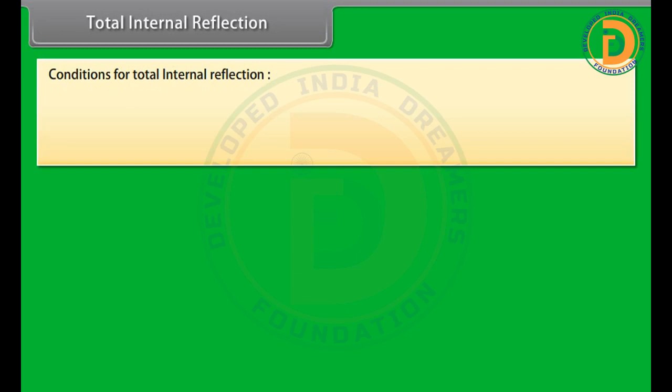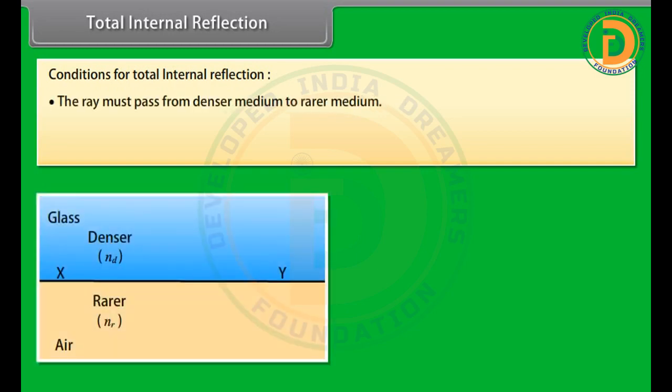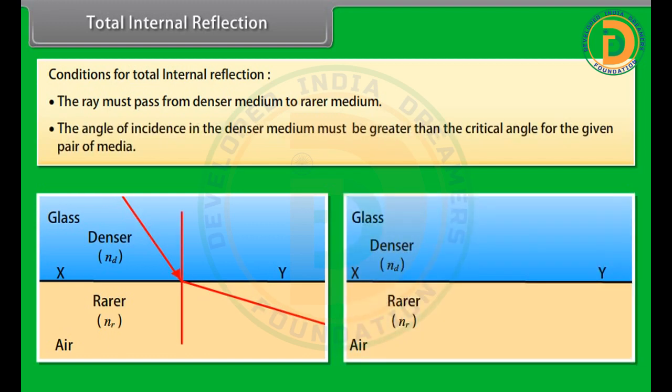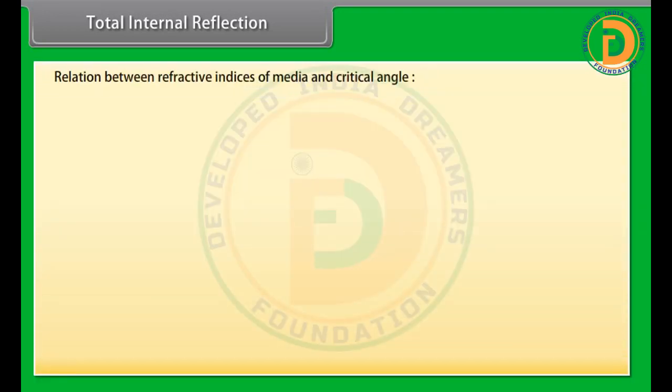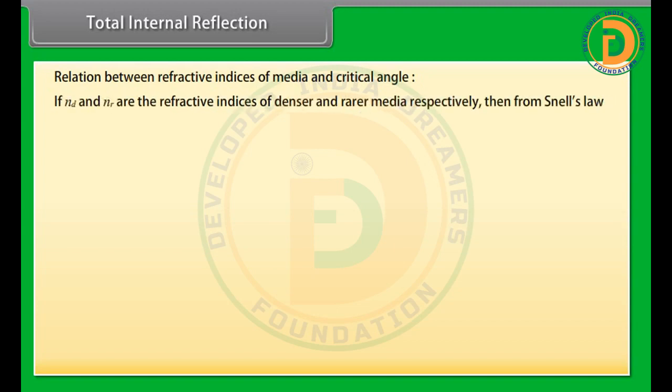Conditions for total internal reflection. The ray must pass from denser medium to rarer medium. The angle of incidence in the denser medium must be greater than the critical angle for the given pair of media. Relation between refractive indices of media and critical angle. If nD and nR are the refractive indices of denser and rarer medium respectively, then from Snell's law, sin i by sin r is equal to nR upon nD.